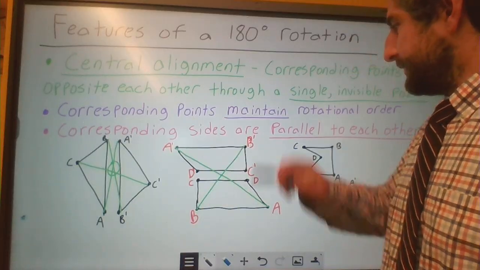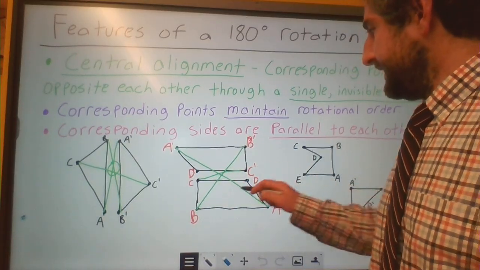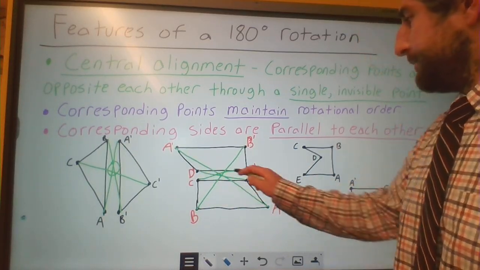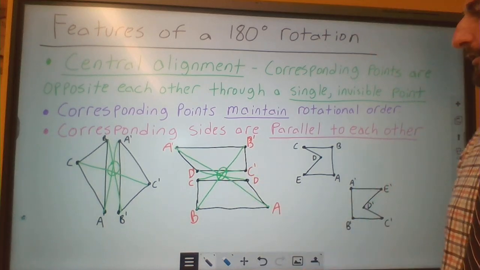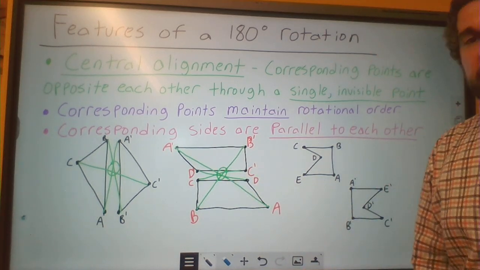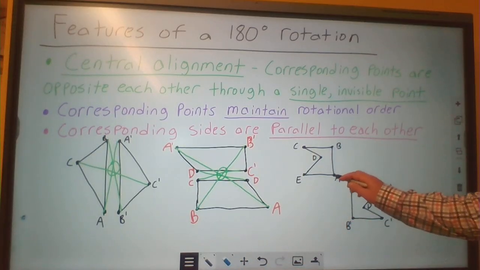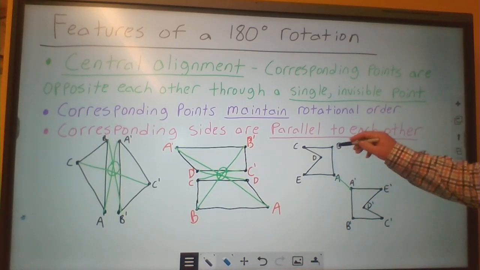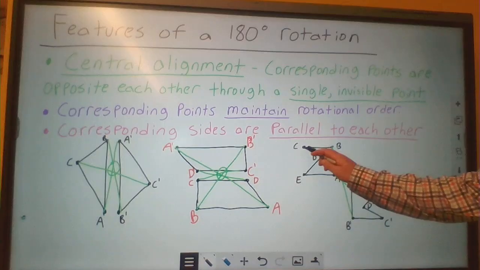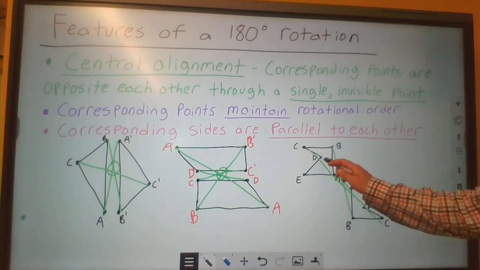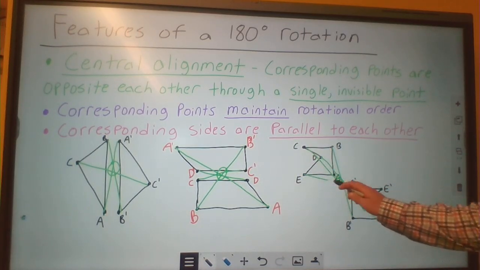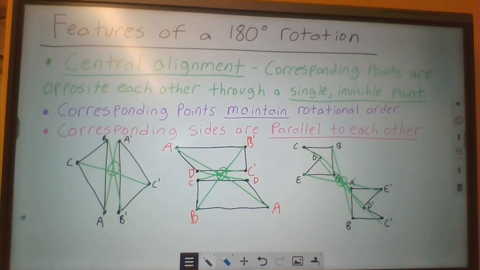B crosses over to B prime, C to C prime, and D to D prime. And there's our center of rotation in the middle between the two. Last but not least, once again, A to A prime, B to B prime, C to C prime, D to D prime, and E to E prime, all going through that central location.